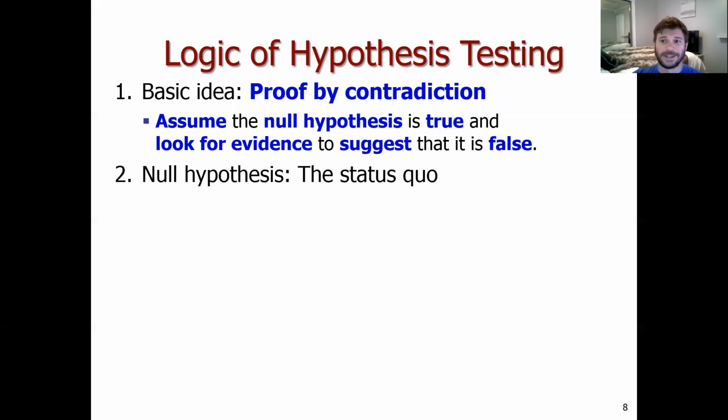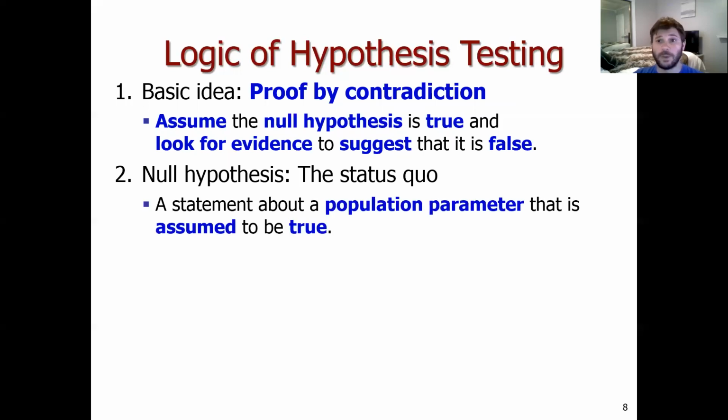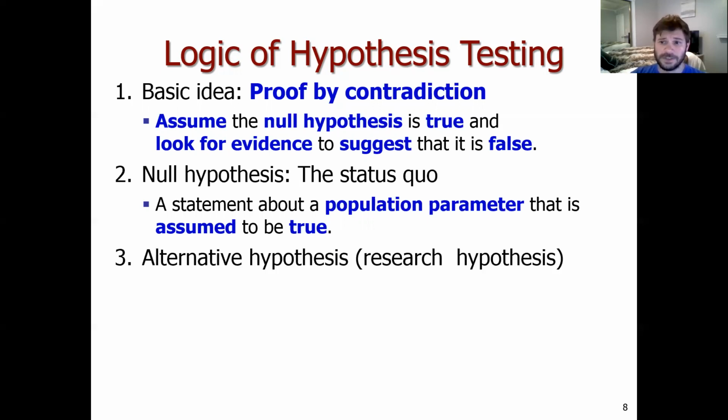This is our formalized statement about the population parameter that we are assuming to be valid. Is it valid? May or may not be. We're going to look for evidence against that. Just like, is the defendant innocent? They may or may not be, but we're going to presume they are until we find sufficient evidence against that claim. The alternative hypothesis is our alternate action or our research hypothesis.